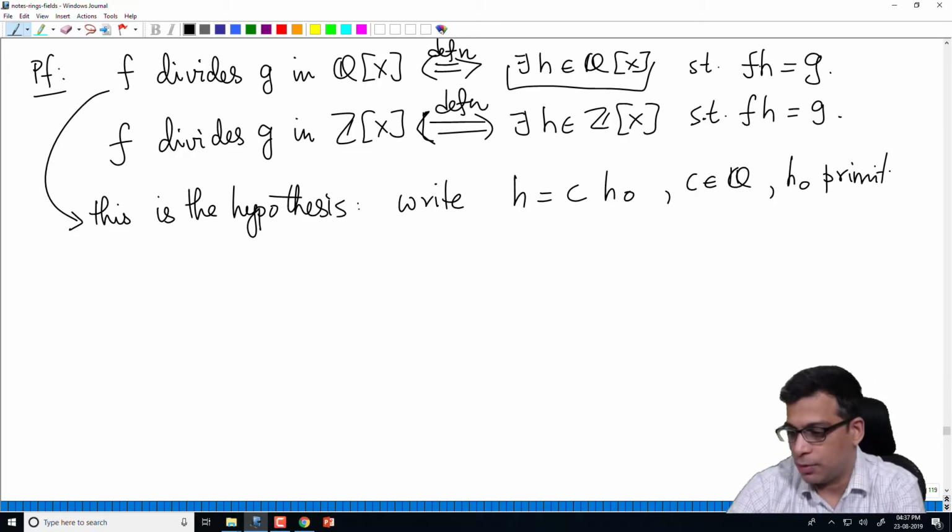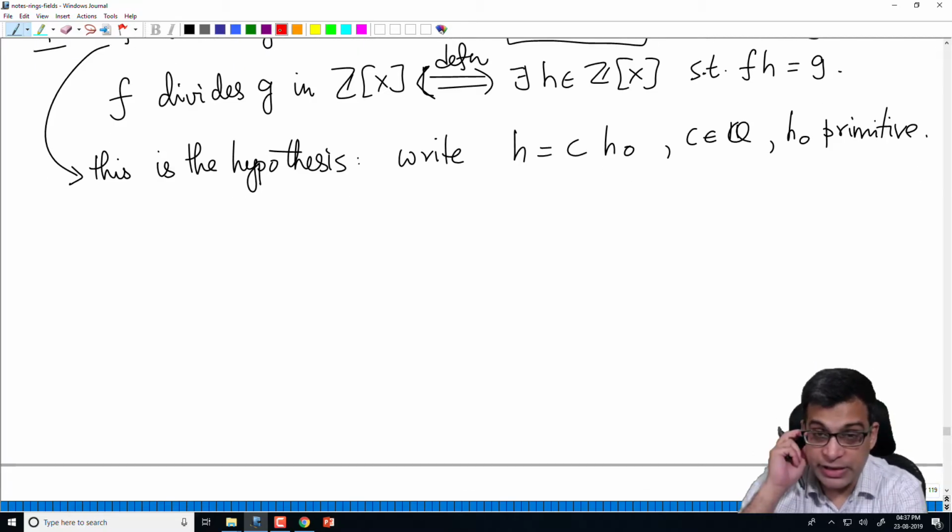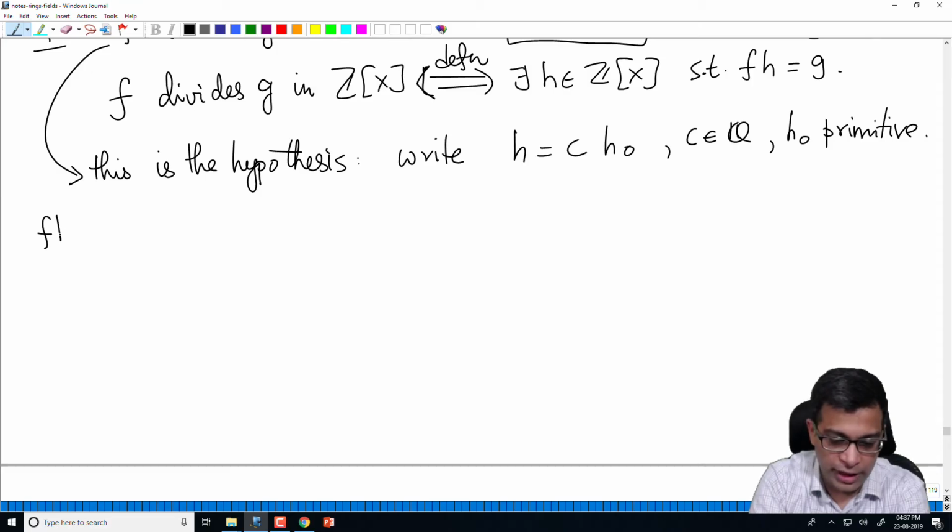Remember, this is a crucial proposition that we proved at the end of last video. Every rational polynomial can be written as a product of a rational number and a primitive polynomial, and it's a unique expression. So now we know that g is equal to fh, which is equal to c f h0.